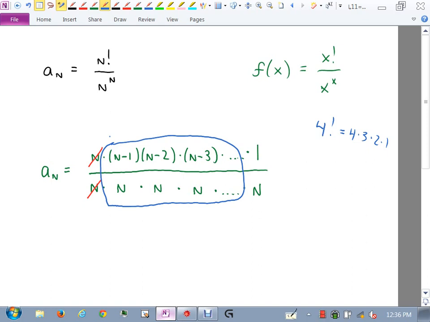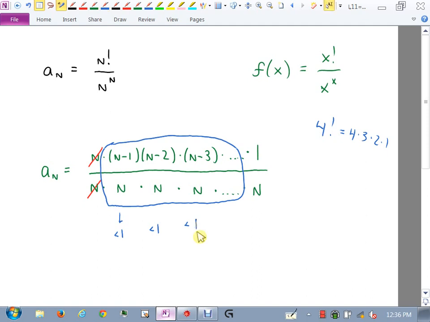If this is n minus 1, right, and this is n minus 2 and this is n, would you agree each of those is less than 1? Yes? All of those are less than 1? You all okay with that? So each one of these is smaller than 1, smaller than 1, smaller than 1.